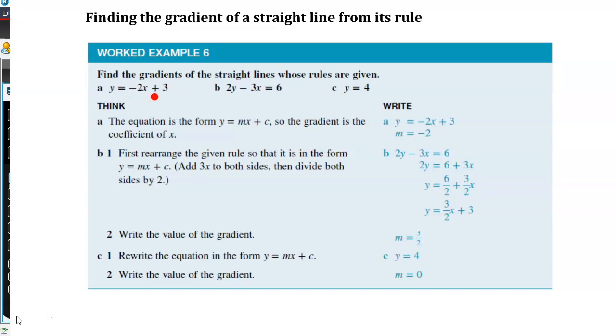Now, if it's not in that form, you have to transpose the formula to make y the subject, which is being done there. So you can see there the gradient is 3 over 2. They've made y the subject in order to find that gradient. So you have to be able to transpose these equations to make y the subject. Here, as we've just discussed, that's a horizontal line, so our gradient is equal to 0.